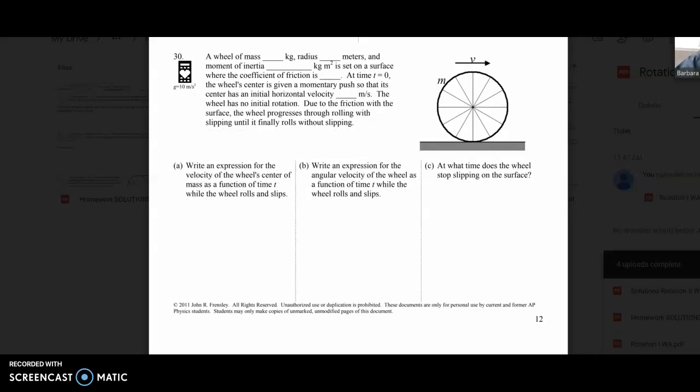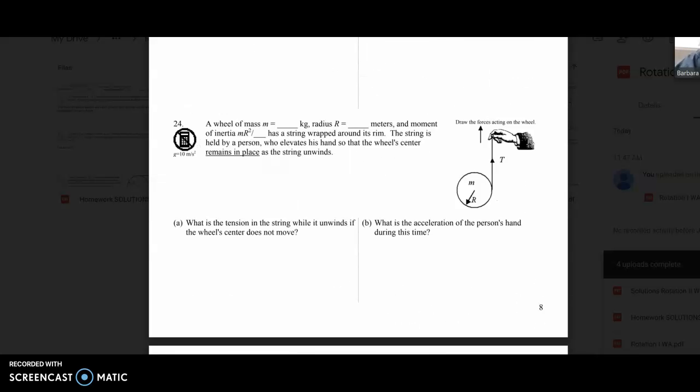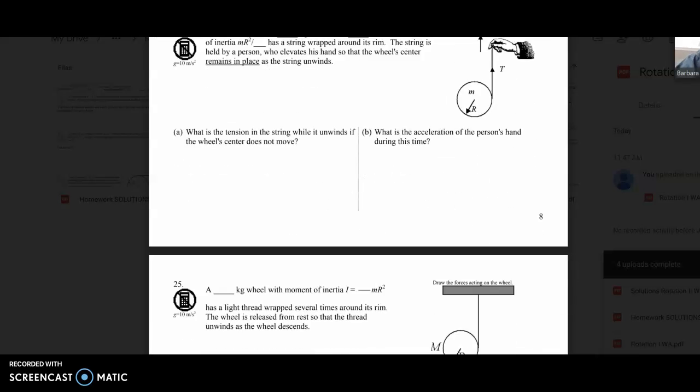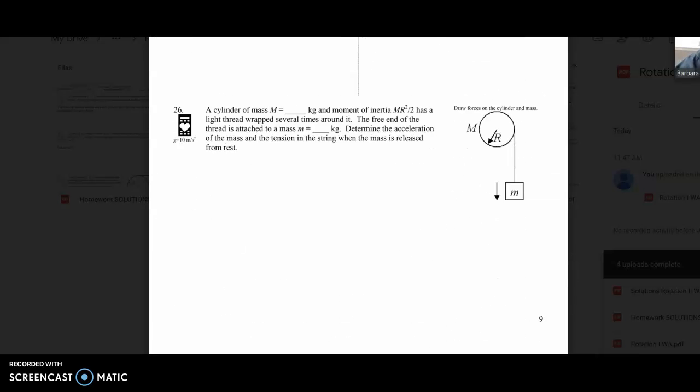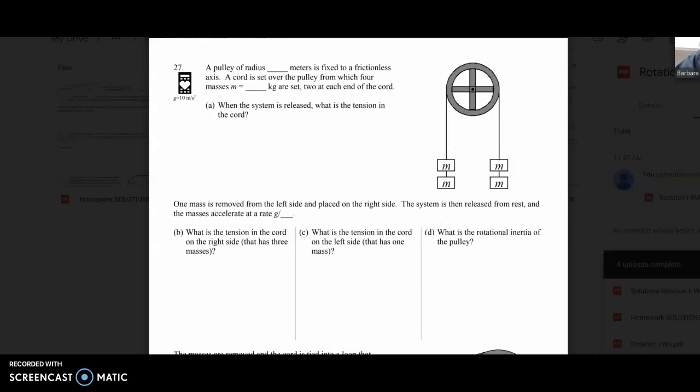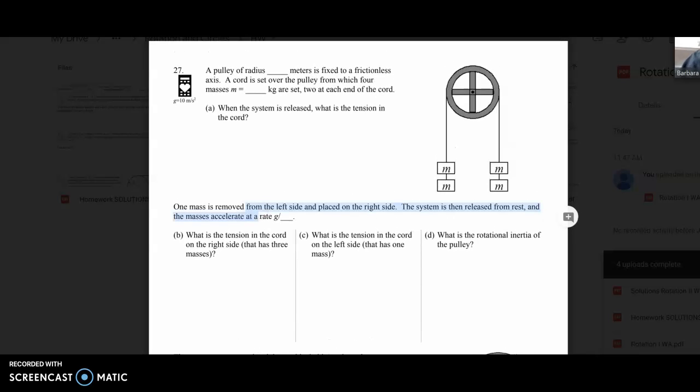So let's go to 27. I know you don't have numbers, but I just want to give you the idea, right? Since the system is balanced, there's no acceleration. The tension is balancing with the weight on either side.